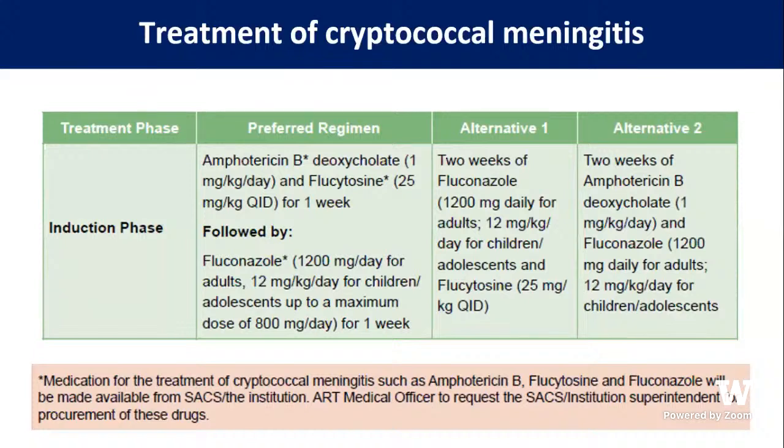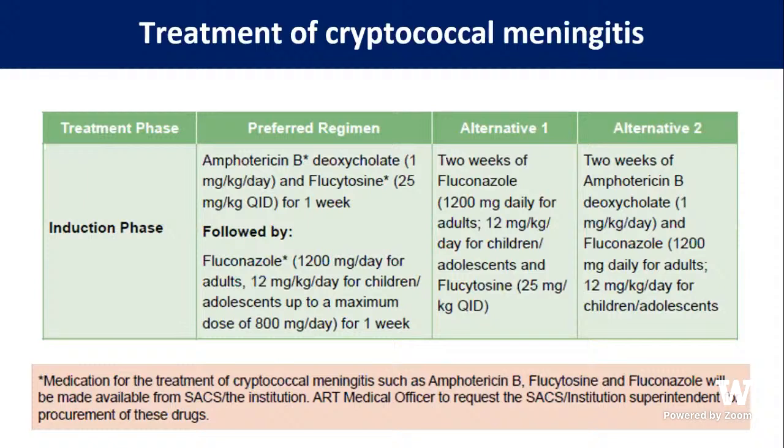So remember, in case amphotericin B is not available, then you combine fluconazole with flucytosine. If flucytosine is not available, then you combine amphotericin B with fluconazole. However, it is always a combination treatment given for the first 2 weeks, and that is very important to remember in the induction phase of cryptococcal meningitis.